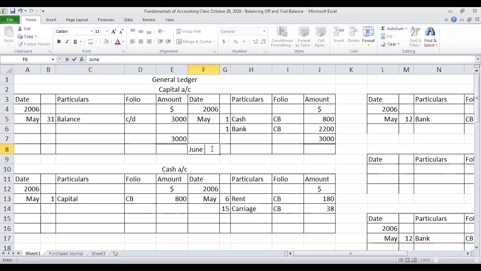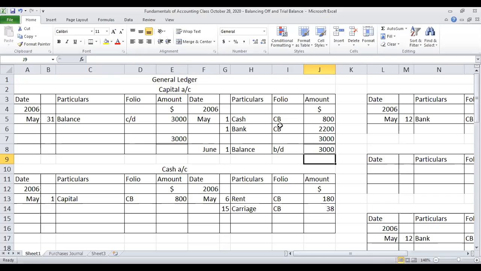So it'll be June 1, balance BD 3,000. Notice that the capital account has a credit balance. Why?